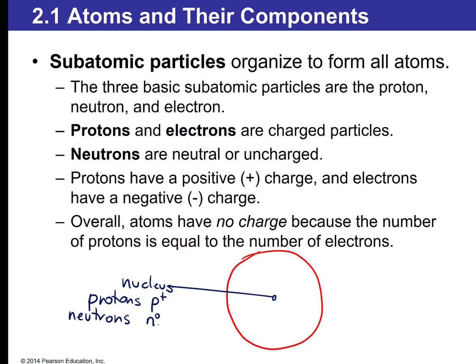The third thing they found is electrons. Electrons are not in the nucleus. They're outside the nucleus. Electrons have a negative charge, so you'll often see them written as a little e with a negative sign.